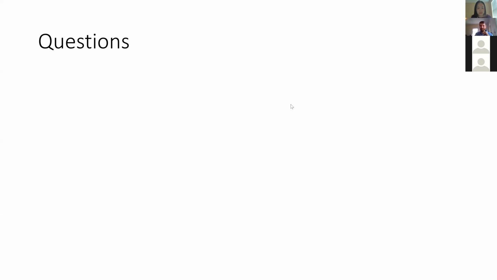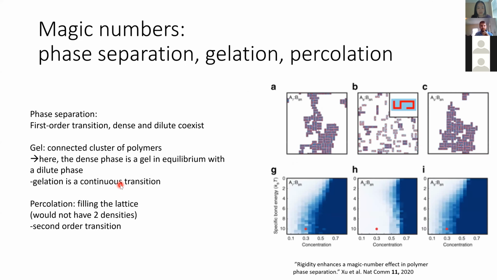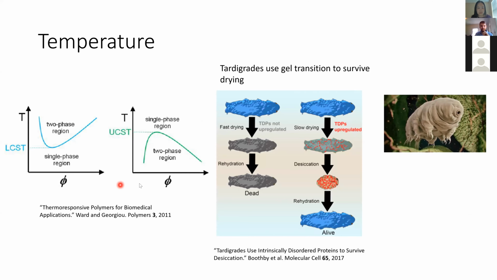We have a question about the lower critical solution temperatures, with a single phase at the top and two phases at the bottom. Now that's actually the simpler case. Sorry, let me go back. So that's this question, a single phase at the top and two phases at the bottom. The reason you have two phases at the bottom here is just that this is driven by things like really wanting to stick together.